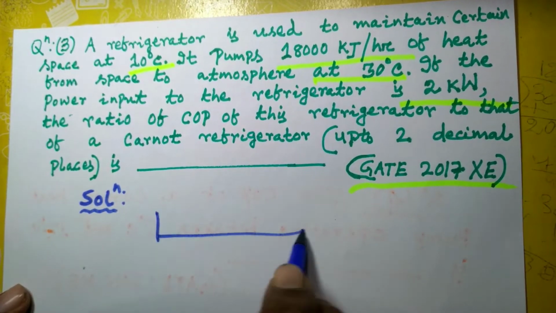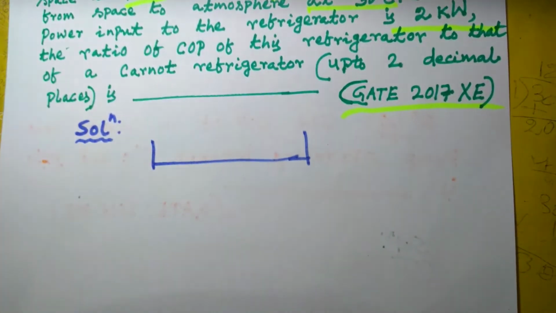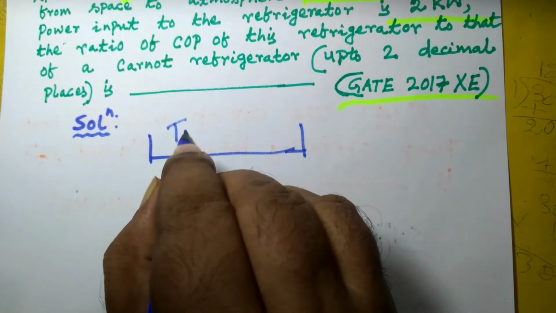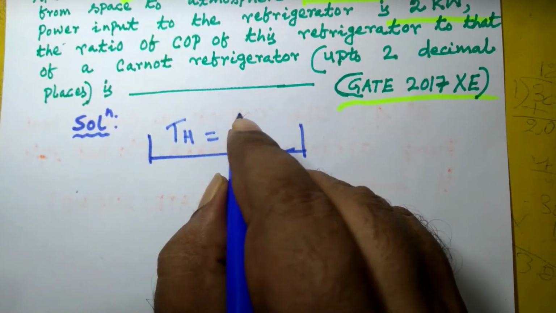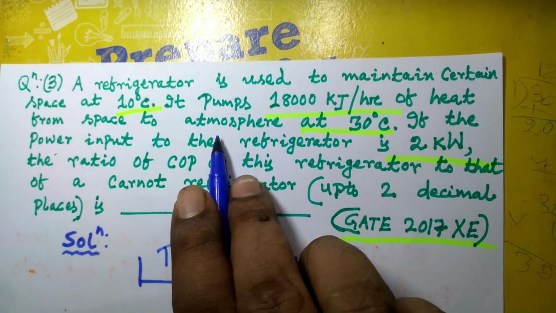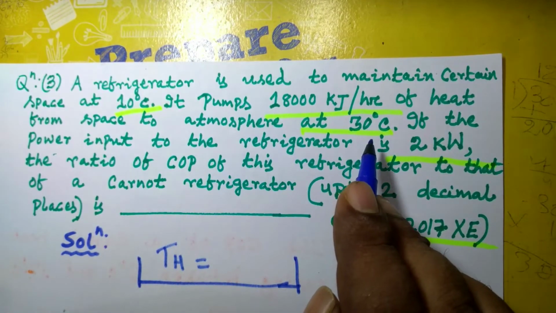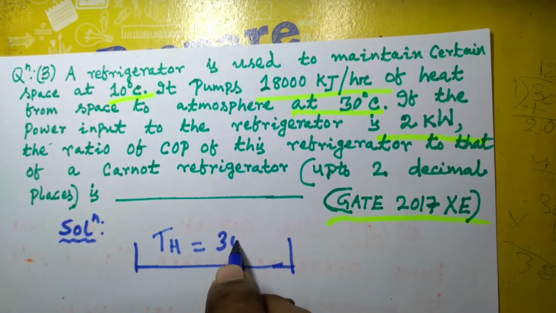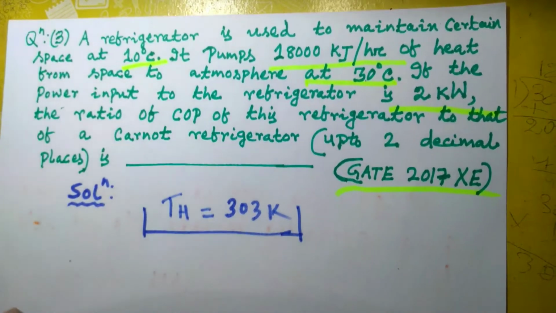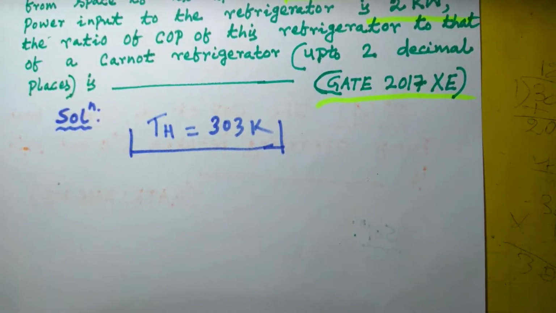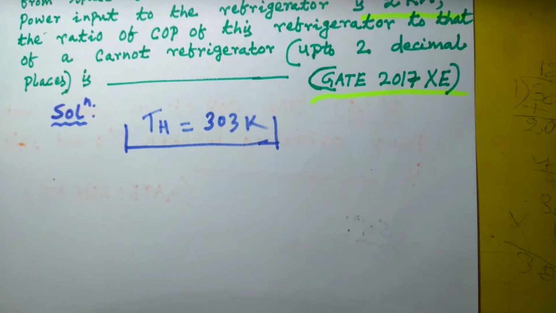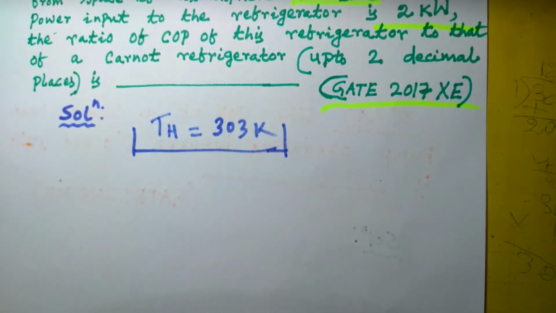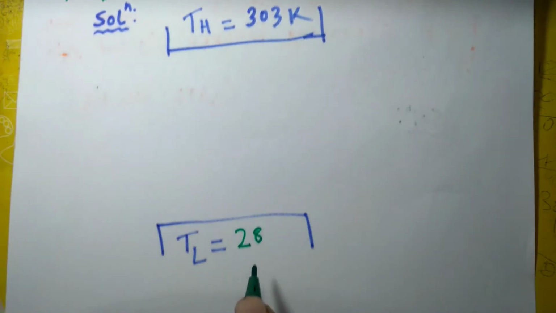Obviously refrigerator and heat pump are devices which transfer heat from low temperature to high temperature. So here the high temperature reservoir is 30 degrees Celsius, that is, the high temperature body is the atmosphere. So 273 plus 30, that is 303 Kelvin, and low temperature body is 10 degrees Celsius, that is 283 Kelvin.